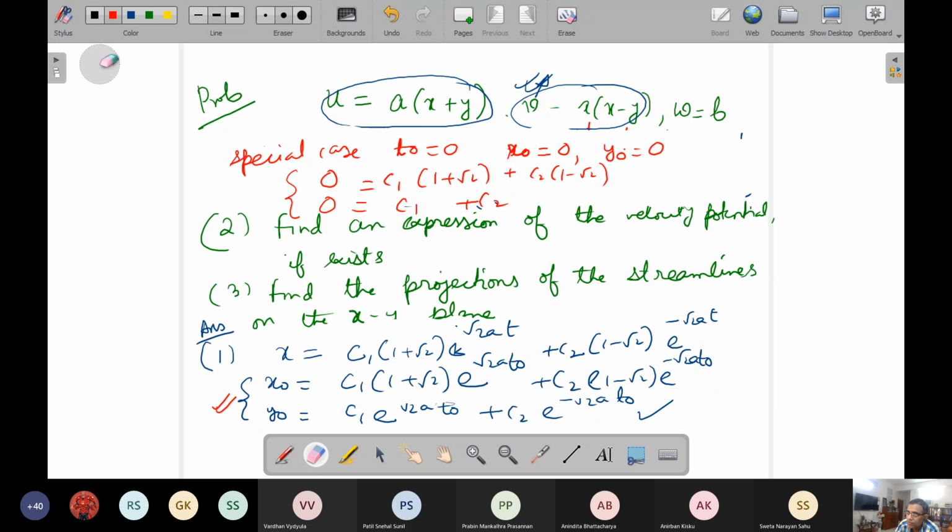So what it means is that if you write the determinant, here clearly the determinant is non-zero because you have 1 plus root 2 and then 1 minus root 2, 1 and 1. Okay. So this is not equal to 0. So that means the only solution is the trivial solution, that is C1 equal to 0, C2 equal to 0.